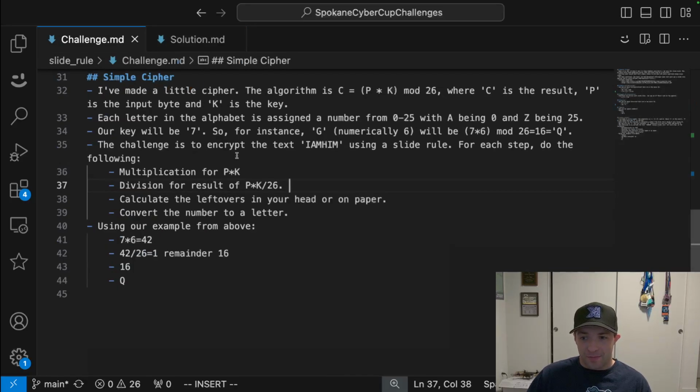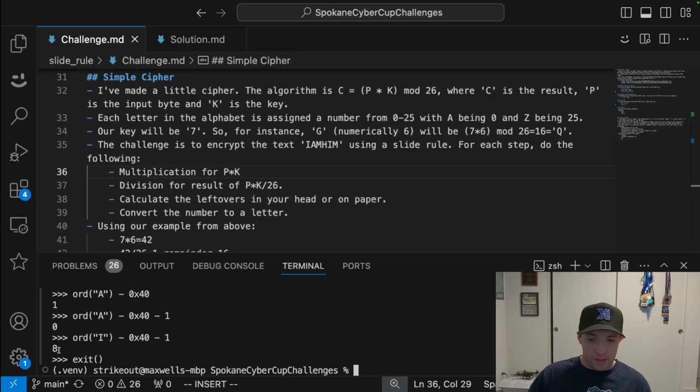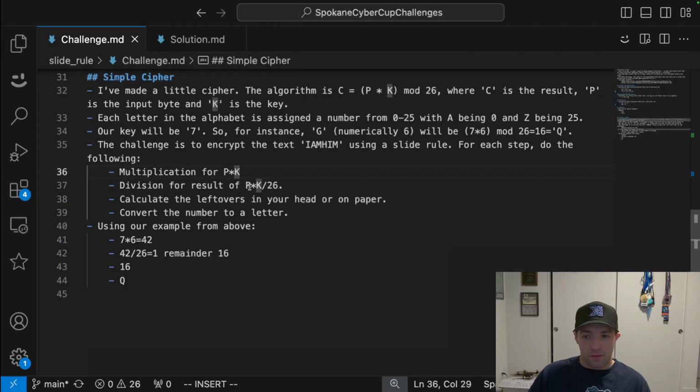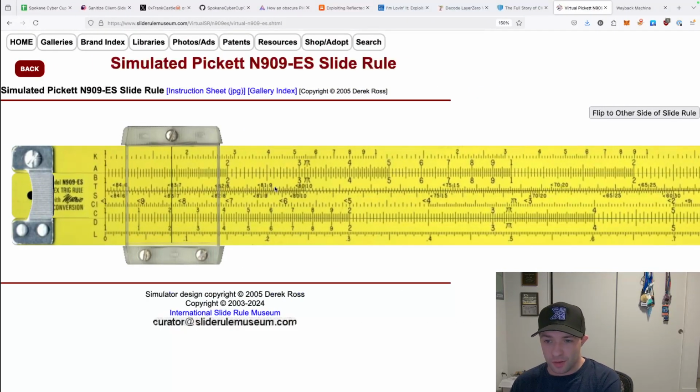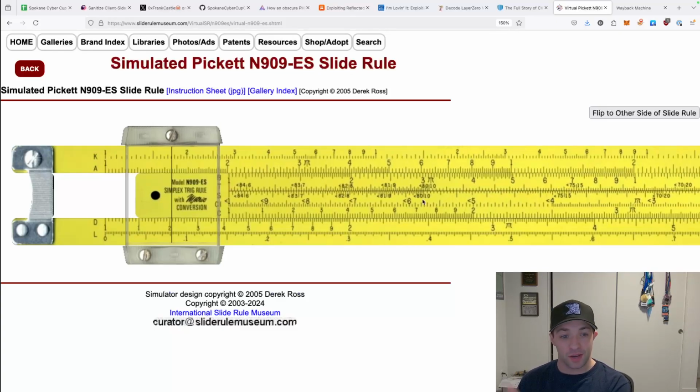So I is the first letter we need to do. If we do something in Python, we can see that this is going to be at index 8. So that's the number we actually want to start with. If we go to our slide rule, that means we need to do 7 times 8. So we're going to do multiplication. If we try to do 7 times 8 regularly, it's going to fail because it's going to overflow.